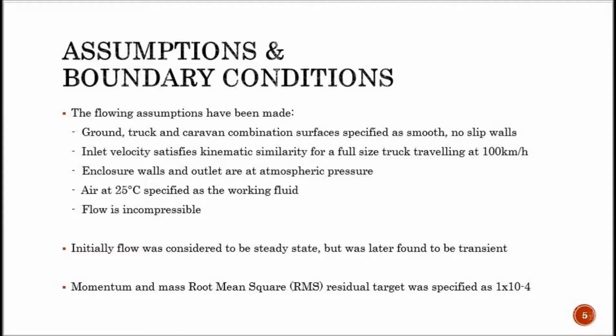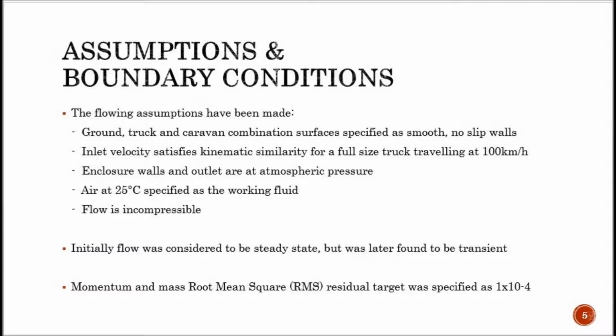In the case of the car, truck, and ground surfaces, these have been specified as no-slip smooth walls. The inlet has been specified as having a constant normal velocity that satisfies the kinematic similarity condition that is equivalent to a full-size truck travelling at 100 km per hour.